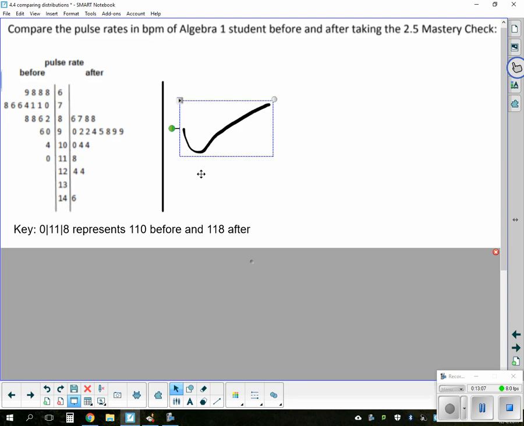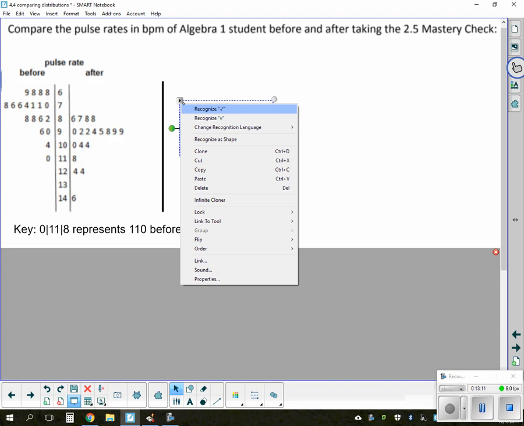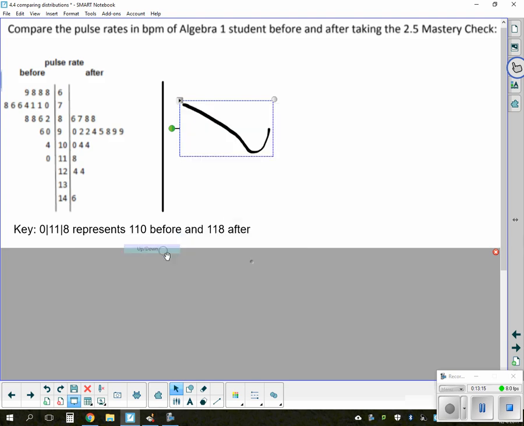But that's kind of weird. Let's see if I can flip it. Nope, it's not going to work. I need to mirror image it. Let me see if I can do it real quick. Okay, so I did it, but I'm not sure that it'll help you the way I did it.